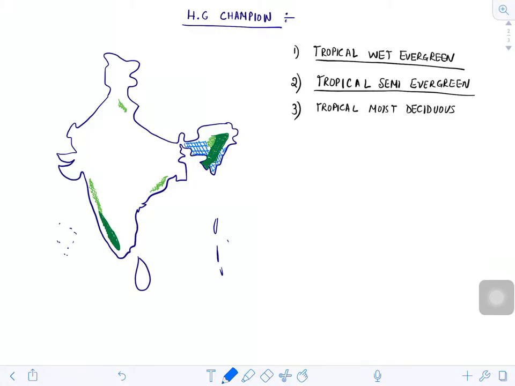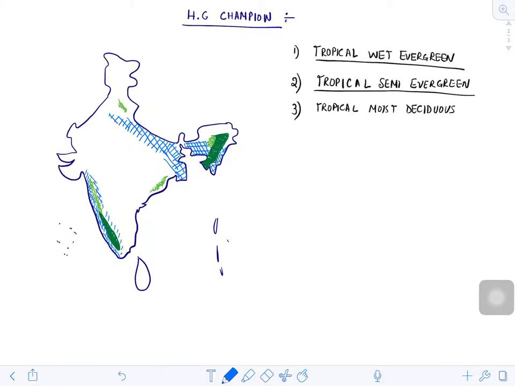Then you'll find it in West Bengal, then the boundary areas of Nepal. Where else? You'll find it in the rest of the Western Ghats, the entire coast, enclosing that.